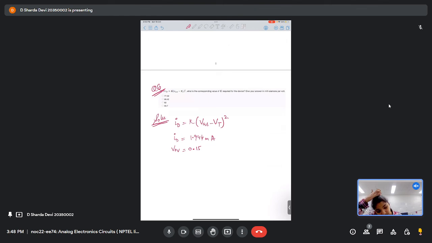So K becomes ID by VOV square, and that is 86.4 millisiemens per volt. So this is what the value of K will turn out.